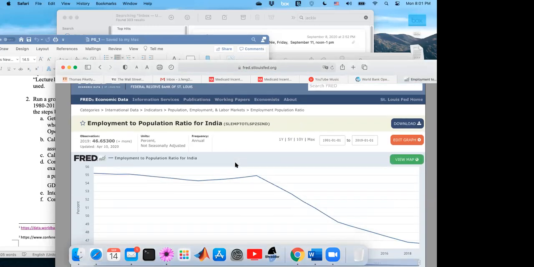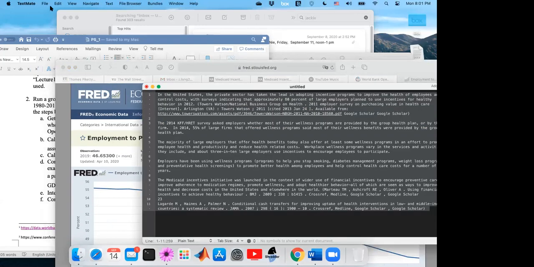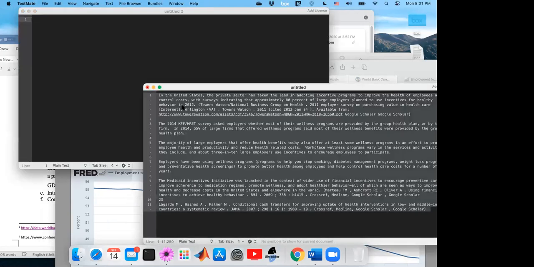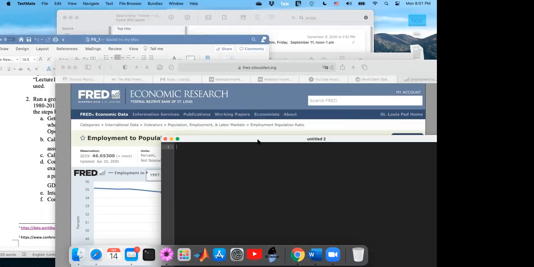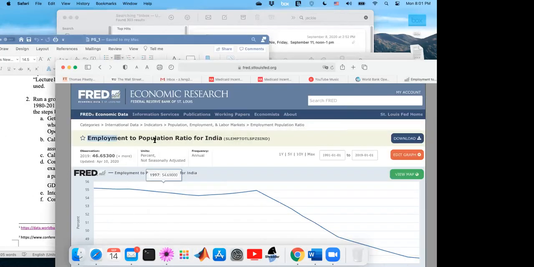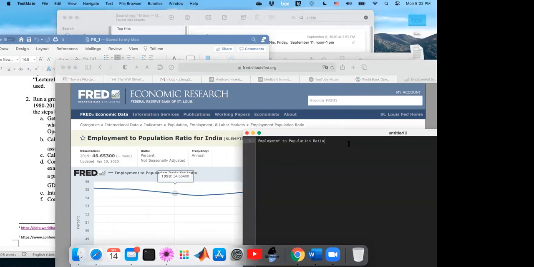Okay, you want to make notes. So I can just use my notes to explain to you. What do we have here? You have the employment to population ratio. This is the first indicator we have.